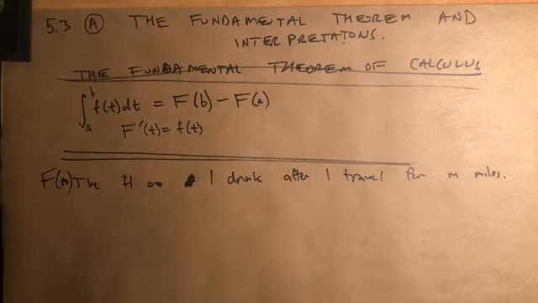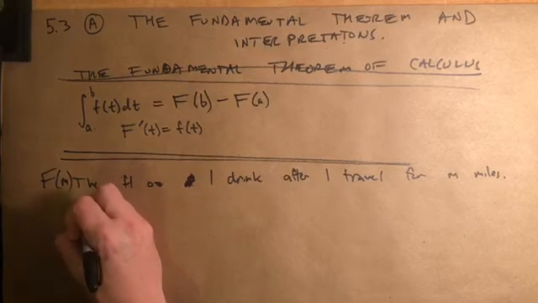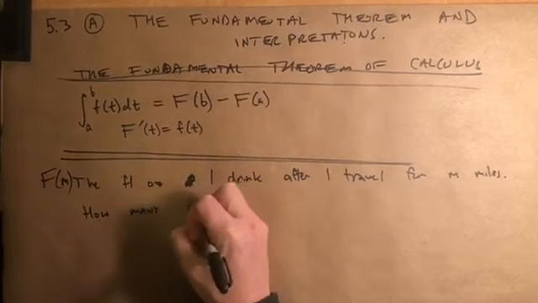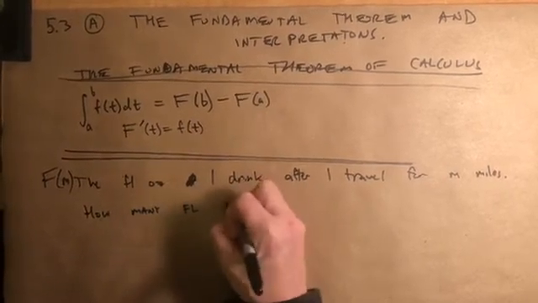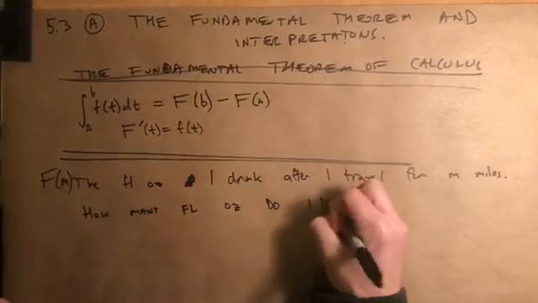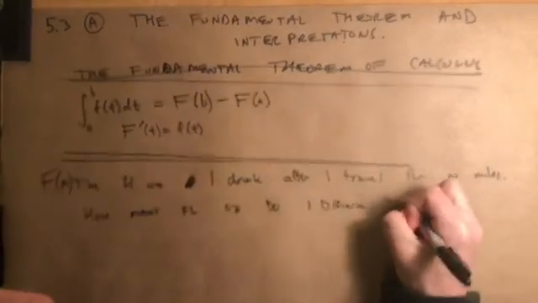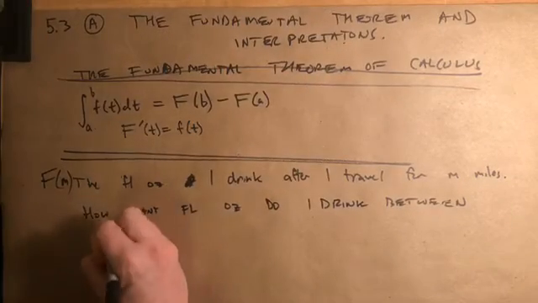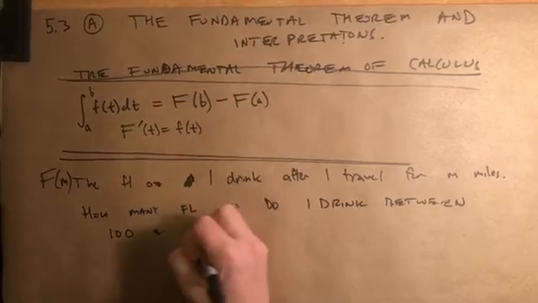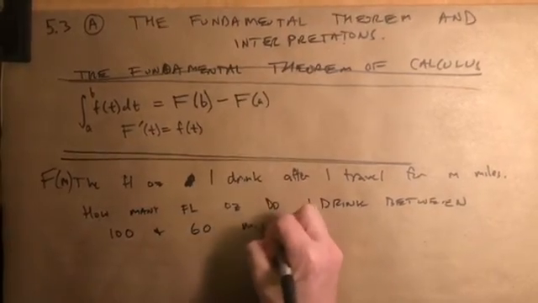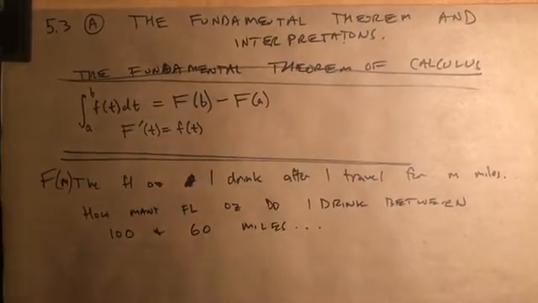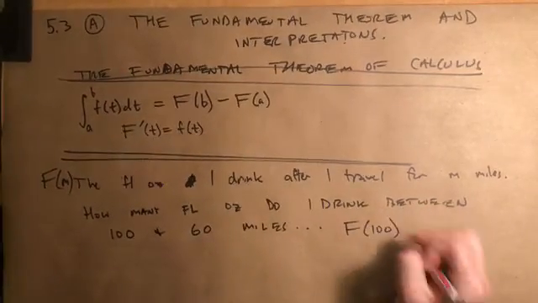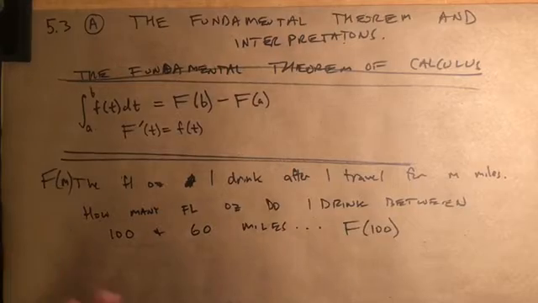And so if I said, hey, how many fluid ounces do I drink between, let's say, 60 miles and 100 miles, what you could certainly do is you could say, well, F of 100 was the total fluid ounces I drank from 0 to 100 miles.